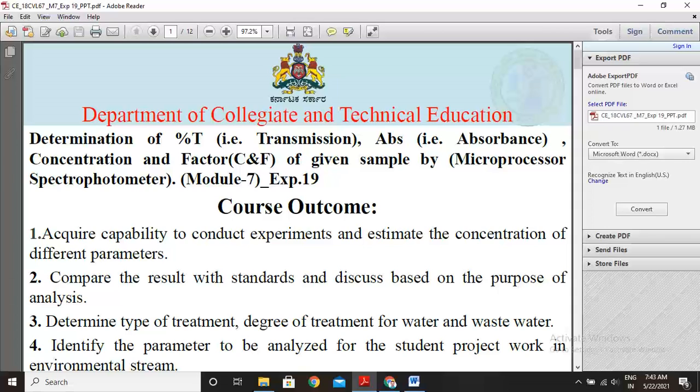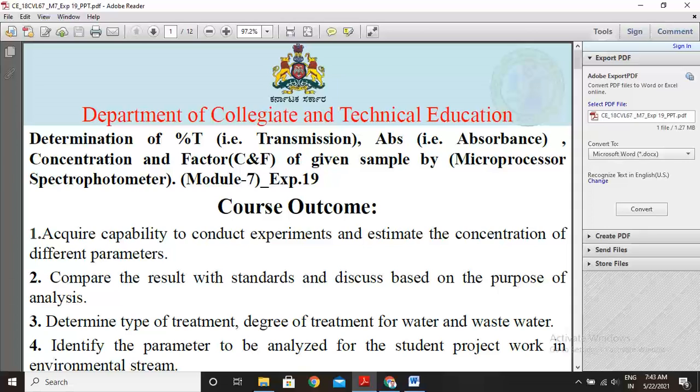Today I want to start experiment number 19. The title of experiment number 19 is determination of percentage transmission, absorbance, concentration and factor, that is C and F, of given sample by microprocessor spectrophotometer.